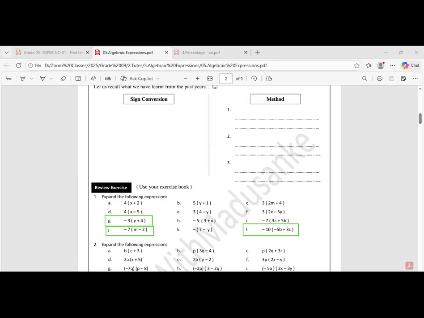Yes. Madusanka, your middle number in L, the middle number's first term is wrong. So the 50b thing is wrong.